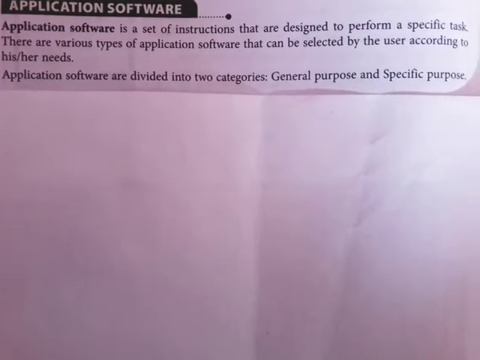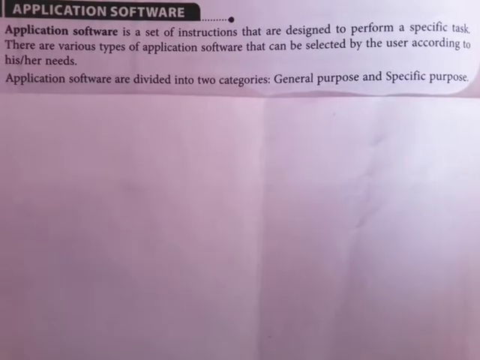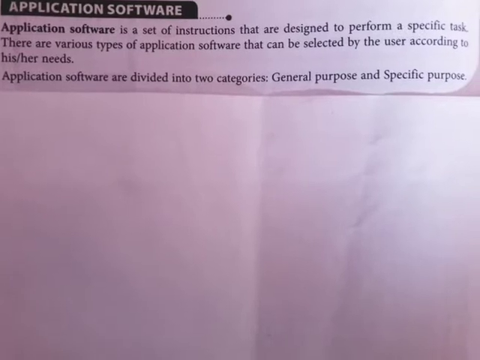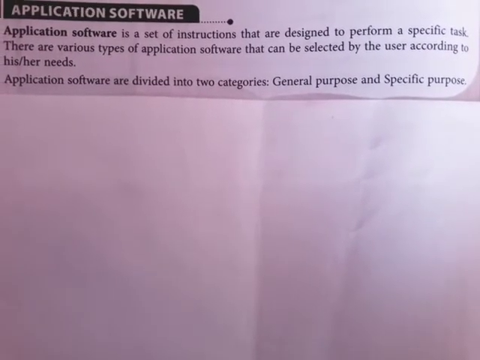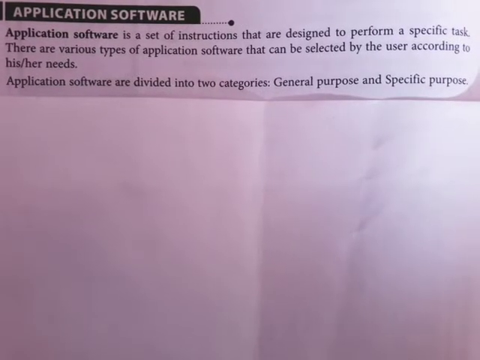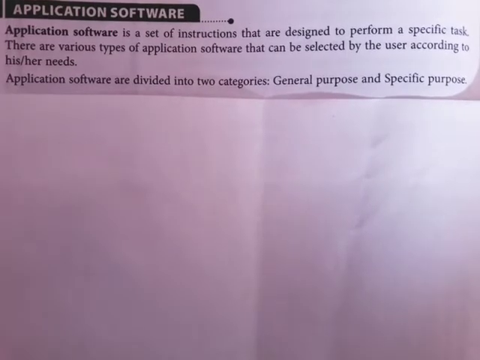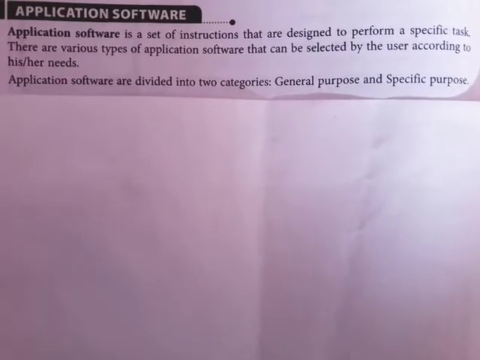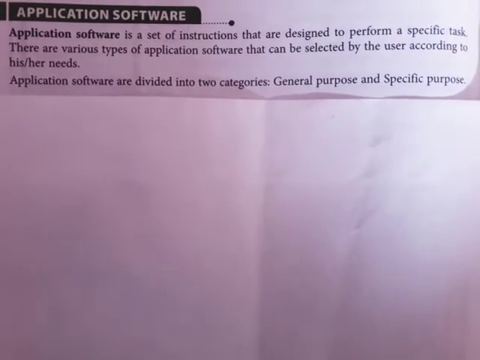There are various types of application software that can be selected by the user according to his or her needs. Application softwares are divided into two categories, general purpose and specific purpose. We will see general purpose today. In the next session, we will see specific purpose softwares.